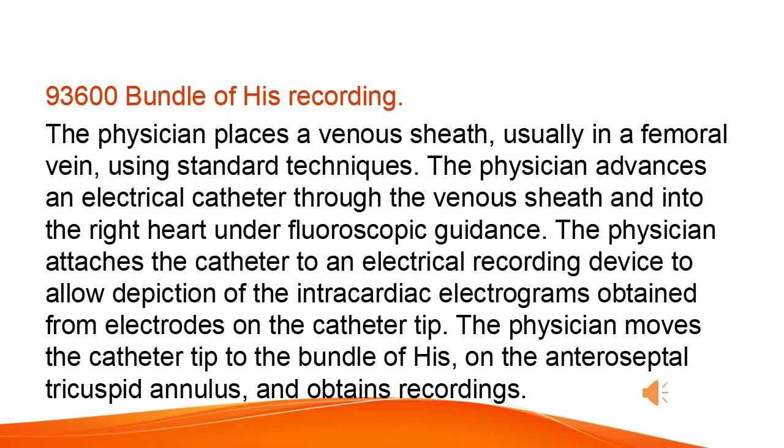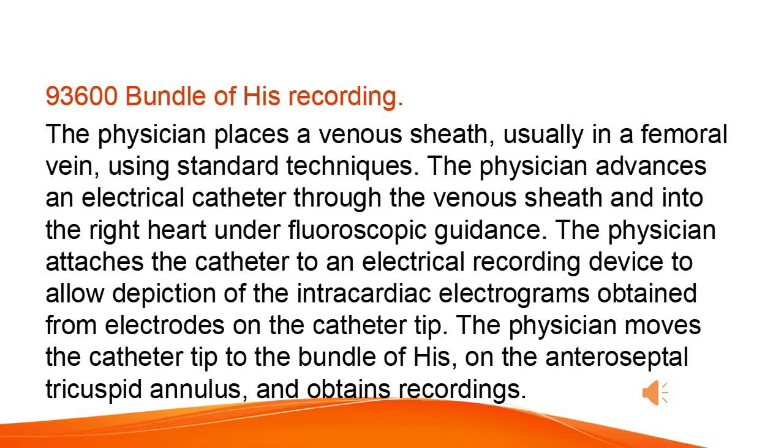Bundle of His recording. The physician places a venous sheath, usually in a femoral vein, using standard techniques. The physician advances an electrical catheter through the venous sheath and into the right heart under fluoroscopic guidance. The physician attaches the catheter to an electrical recording device to allow depiction of the intracardiac electrograms obtained from electrodes on the catheter tip.